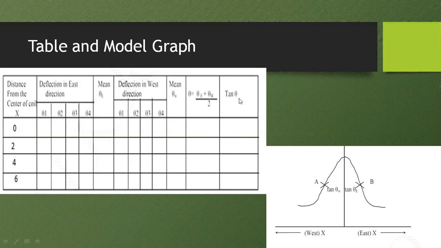So this theta, then tan theta, can be substituted in the formula B is equal to BE tan theta. We'll get the magnetic field intensity at any point from the center of the coil.